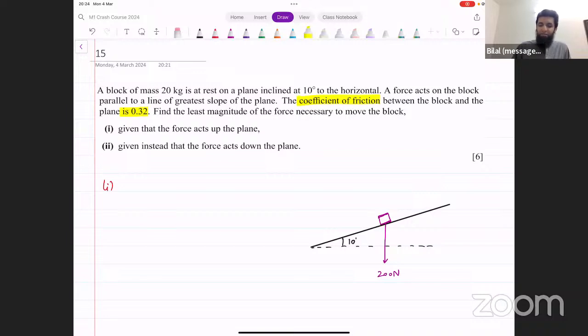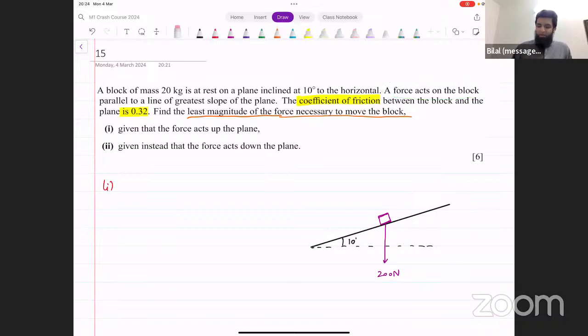Find the least magnitude of the force necessary to move the block, given that the force acts up the plane. Which force? This parallel force that you're applying. If this force acts up the plane, what's the least force necessary to move the block?